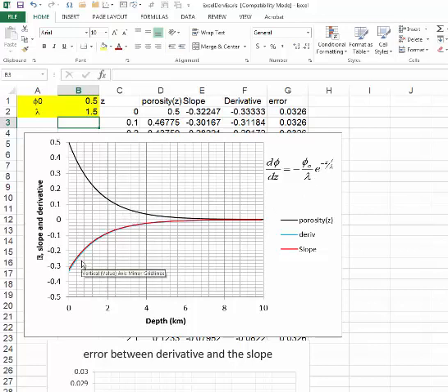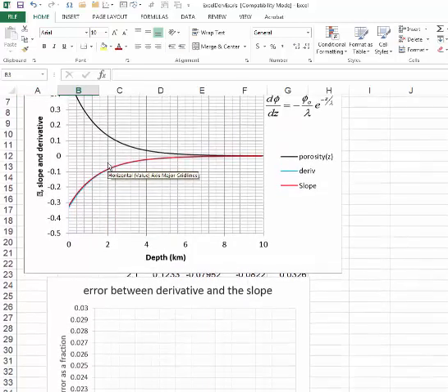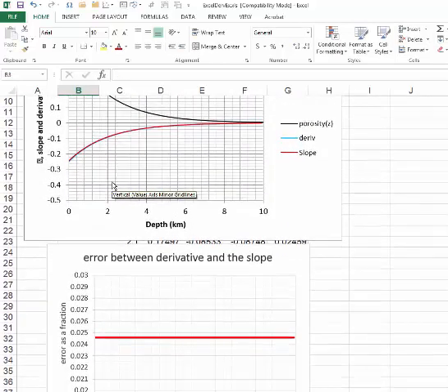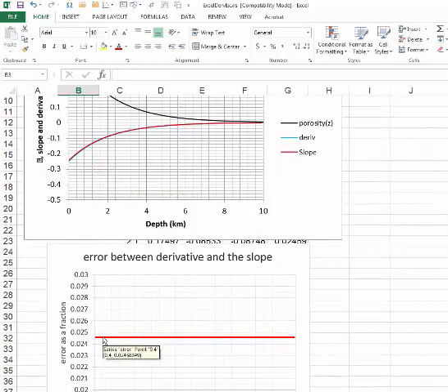But again, we see calculation at 0.1, 100 meter intervals. We see a really good correspondence between the slope and the derivative, very little daylight between the two. And also, well, let me back up here and put this 2 back in. Also, we see that we have a constant error between the two.